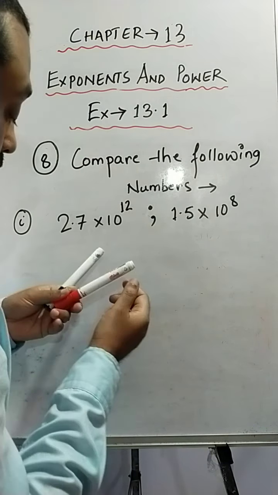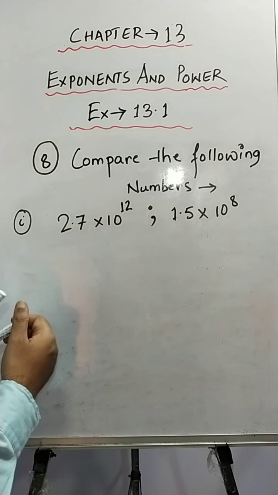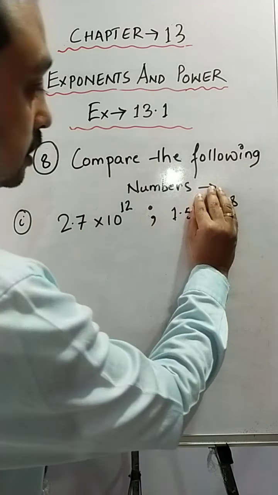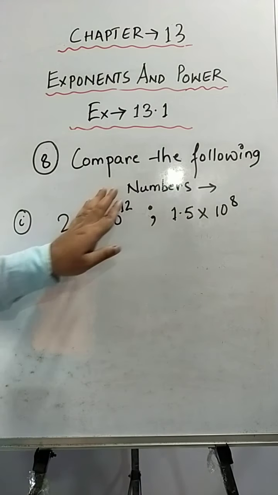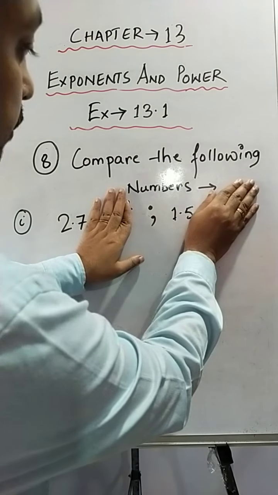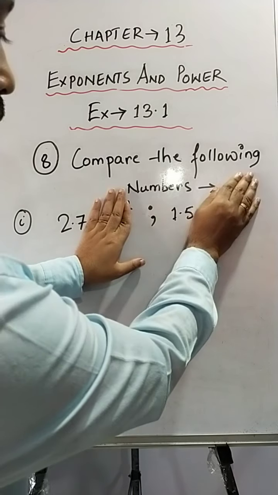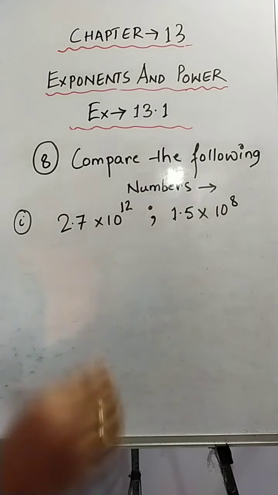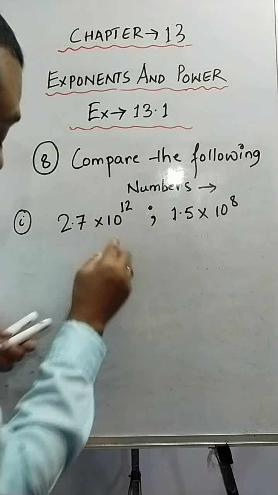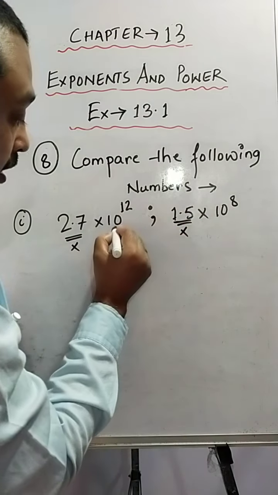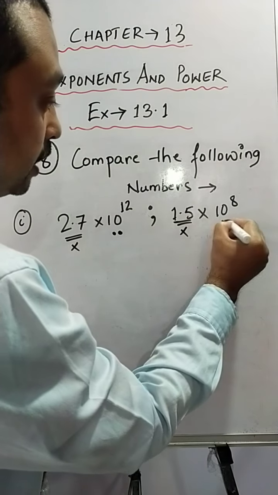Fine. Now what is the common sense? See, if I ask you which number is bigger, and you leave these 2 powers of ten and do not see them, which number is greater, 2.7 or 1.5? Obviously, you will say 2.7. But in this case, you will not see these 2 numbers, but rather, you will consider it on these 2 values.